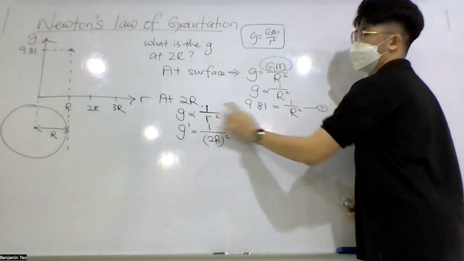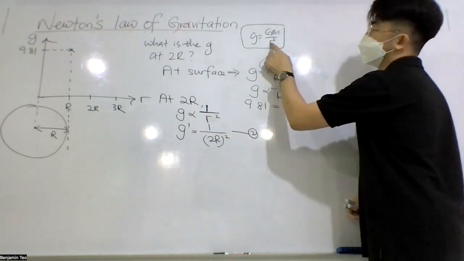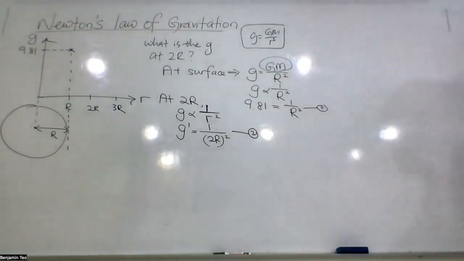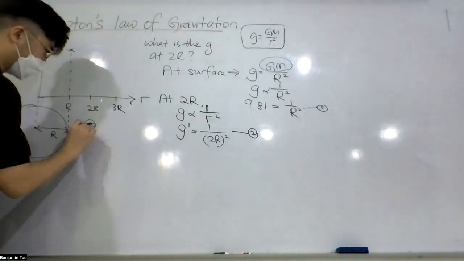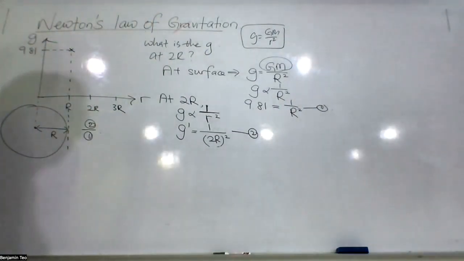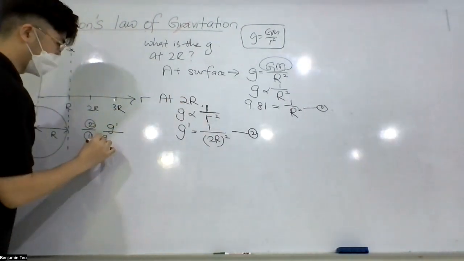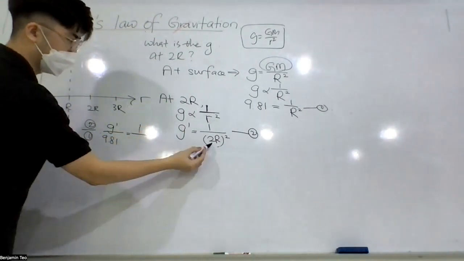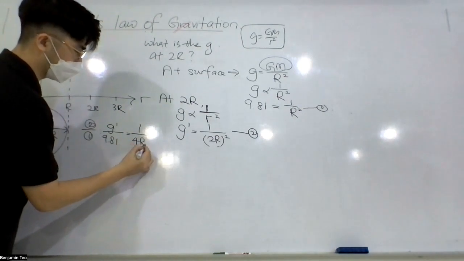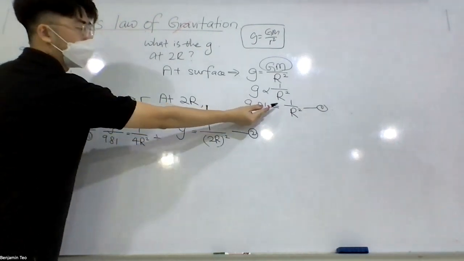At 2R, again, we sub into this one. At 2R, g is going to be different, so I will just put a g dash here. The R is 2R here. Then equation 2 over 1, g dash over 9.81, is 1 over 4R squared divided by 1 over R squared.